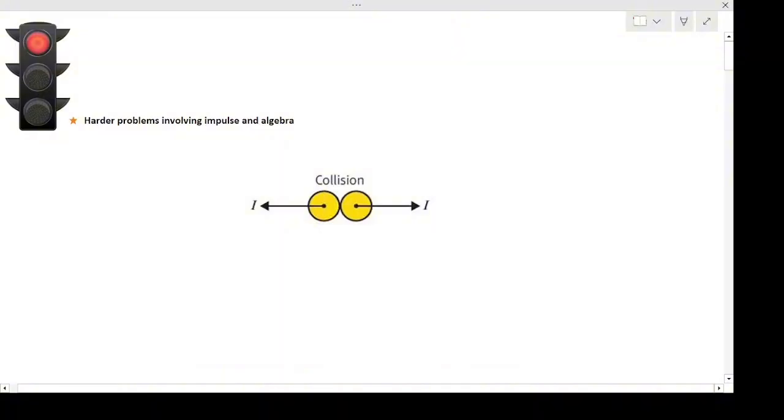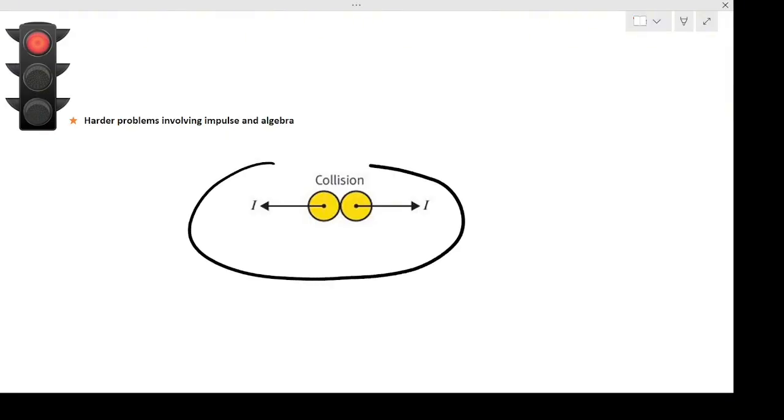Okay, now we're going to be looking at some harder questions involving algebra, but also involving impulse as well. So if I remind you, as you can see here, from chapter 1, we looked at impulse, and we saw that when two objects collide, they impose an impulse onto each other.